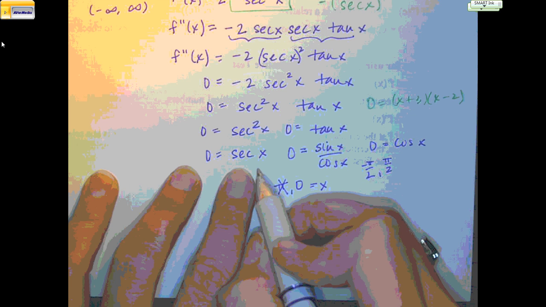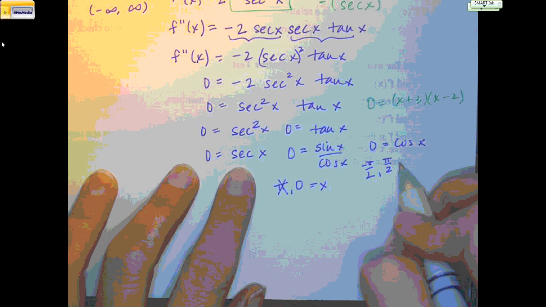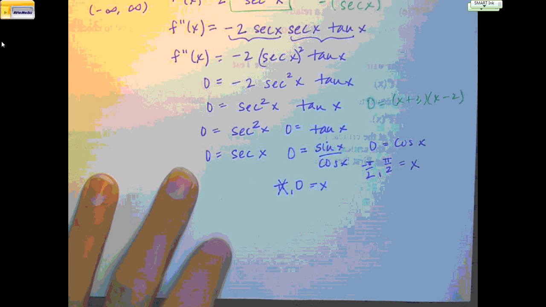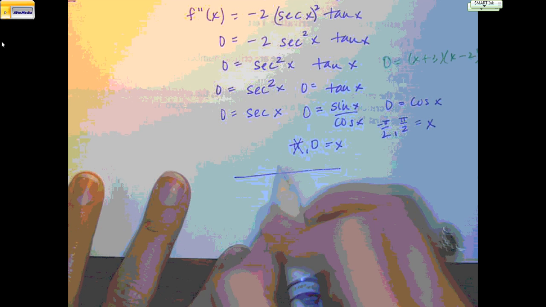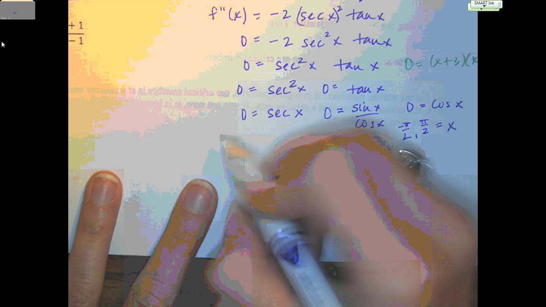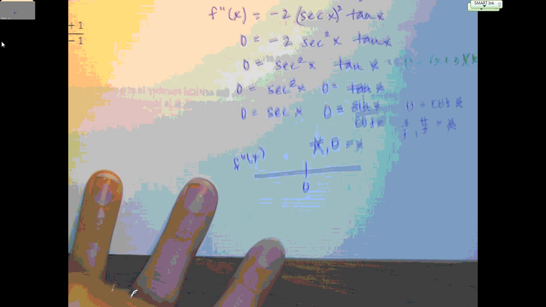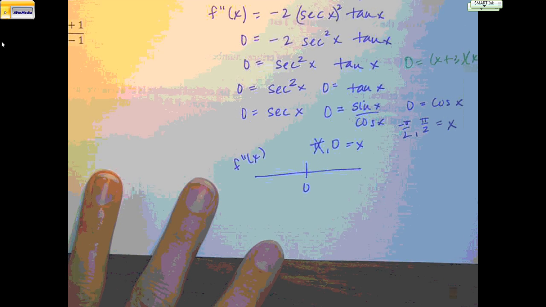All the same places where secant would be undefined? Right? And it's not in the interval either, so I think we're probably okay. So 0 is kind of our little issue here. So now it says to do the number line little test. And here's what I'm going to strongly suggest. I'm going to label this f double prime of x, because pretty soon you're going to have a couple of number lines going at the same time, and you need to know which is which.